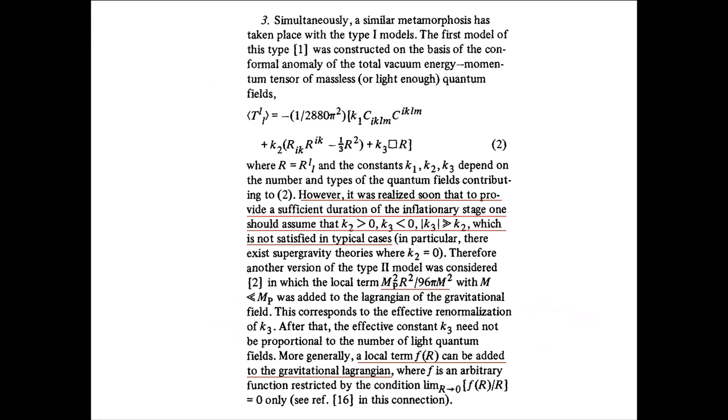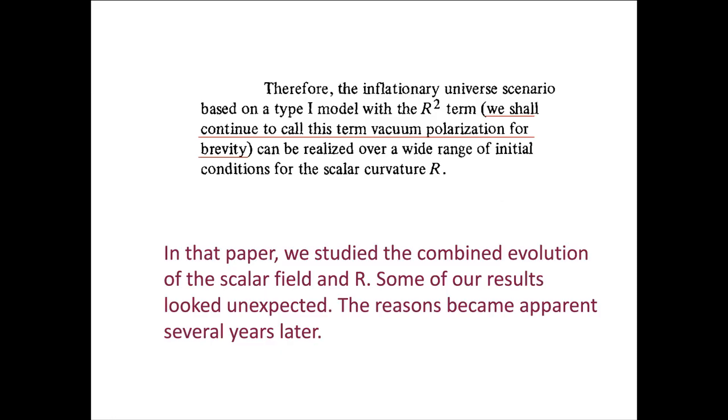He explained that he could also add a term f of R, but not many other terms. And then he said, therefore, the inflationary universe scenario is based on this model with the R squared term. Here, we shall continue to call this term vacuum polarization for brevity.